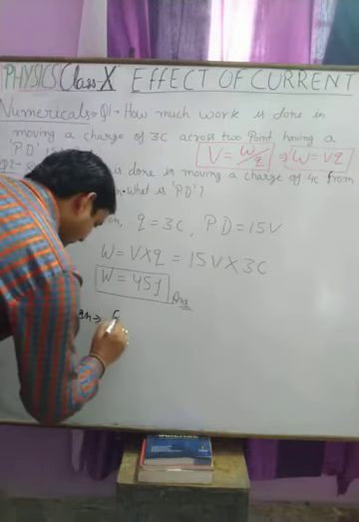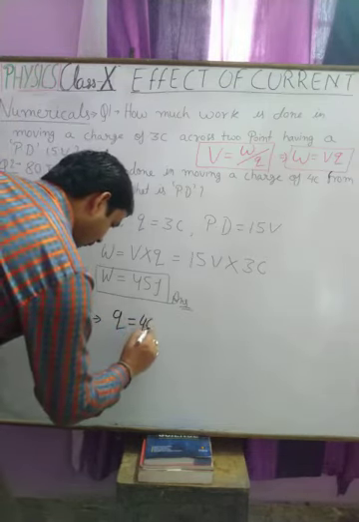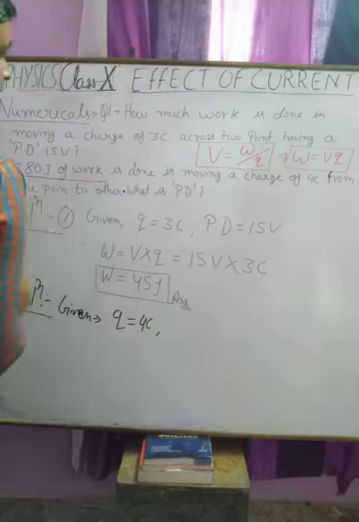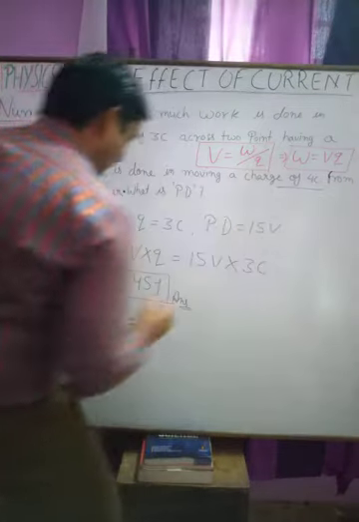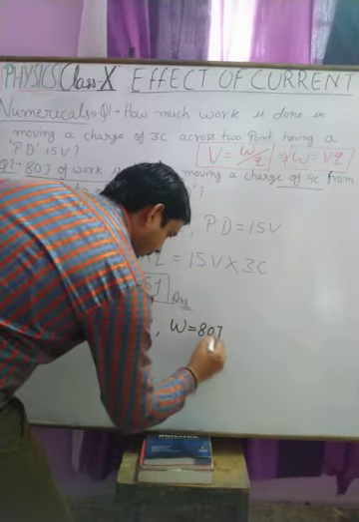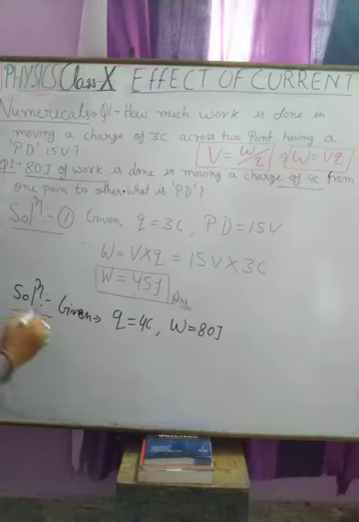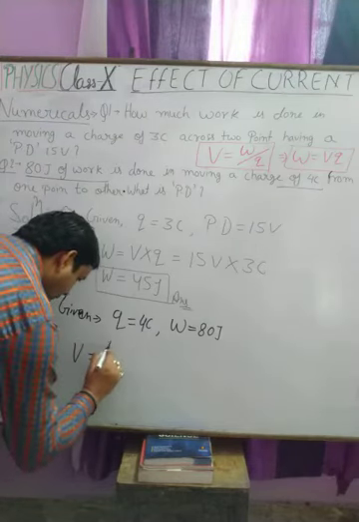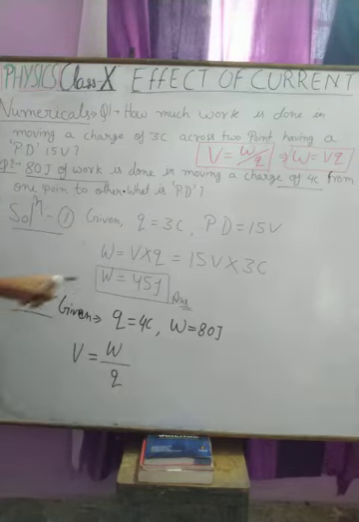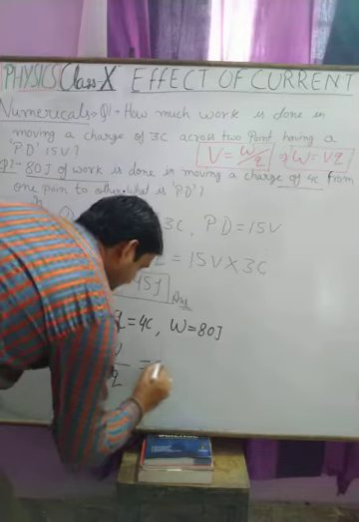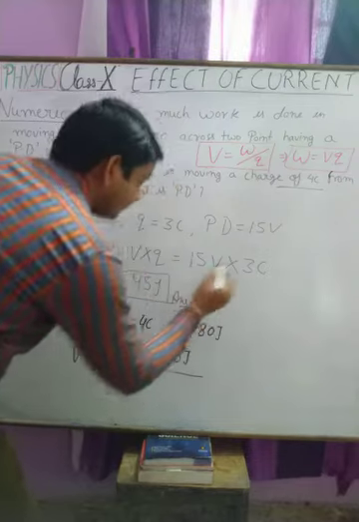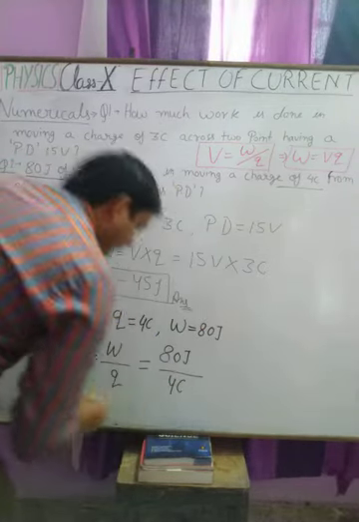We have the charge 4 coulomb and the work done in moving this 4 coulomb charge is W is equal to 80 joule. We have the formula: potential difference is equal to W upon Q. On putting these values in the formula we get 80 joule upon 4 coulomb.